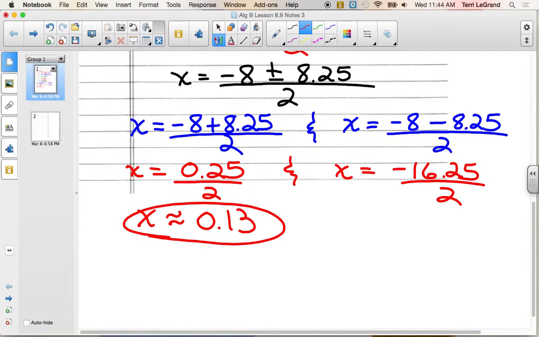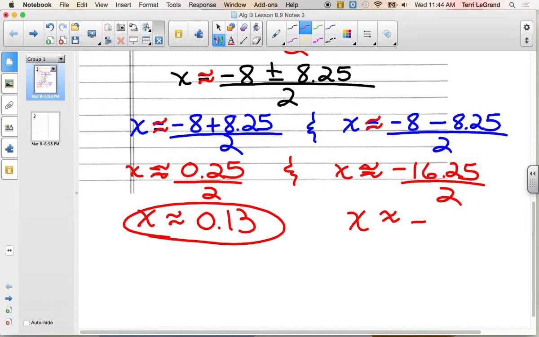And then on the other one, we're rounding also, because in reality, we really should start using our squiggle sign all the way back here, because that's where we rounded, for that 8.25. So from that point on, we should be using our approximately equal to symbol, so we don't forget. So this one rounded to the nearest hundredth.